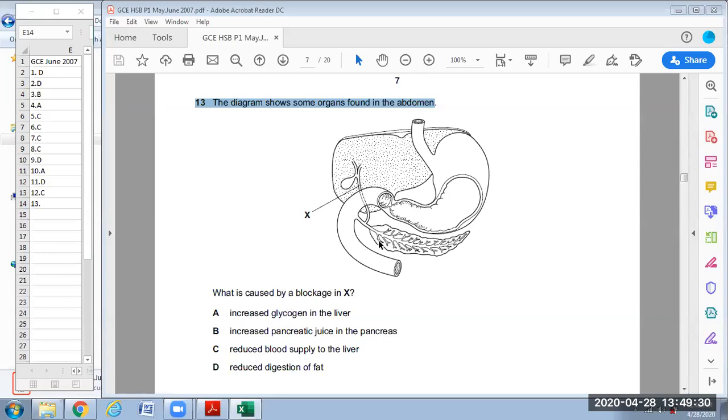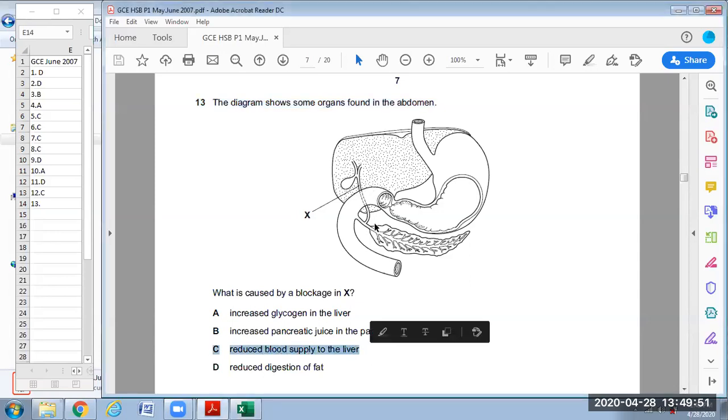B, increased pancreatic juice in the pancreas. C, reduced blood supply to the liver. D. Okay, I now realize, this is what you call a hepatic portal vein then. So if this is blocked off, you are reducing blood supply to the liver. C.